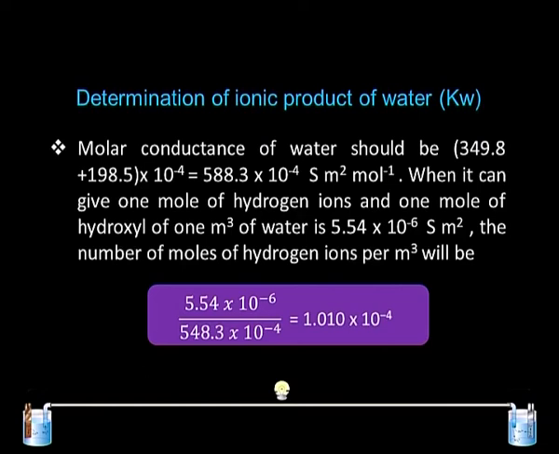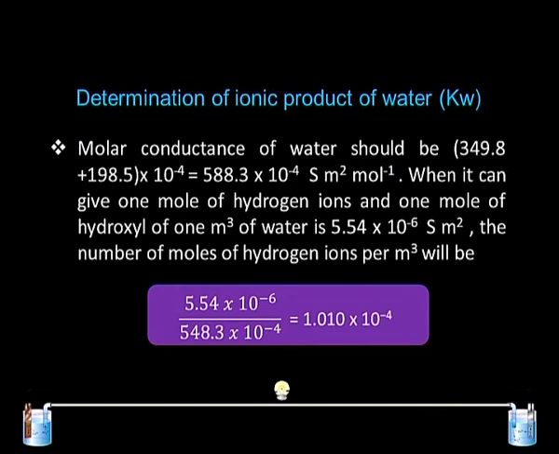So, using the Kohlrausch law we can get this value quite easily, and we know that 1 mole of hydrogen ion and 1 mole of hydroxyl ion in 1 meter cube of water give 5.54 into 10 raised to minus 6 Siemens meter square conductance.